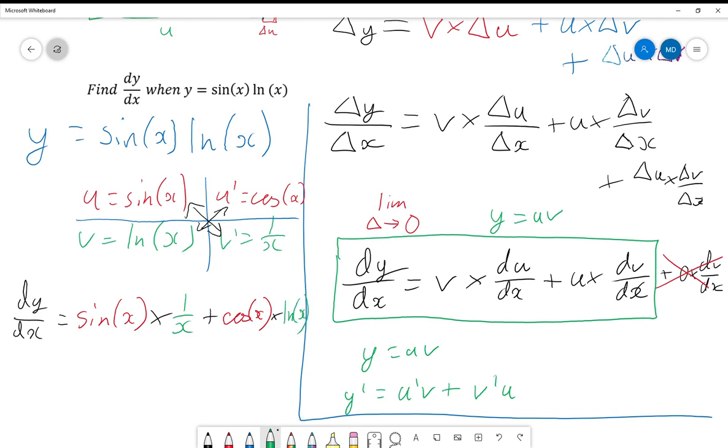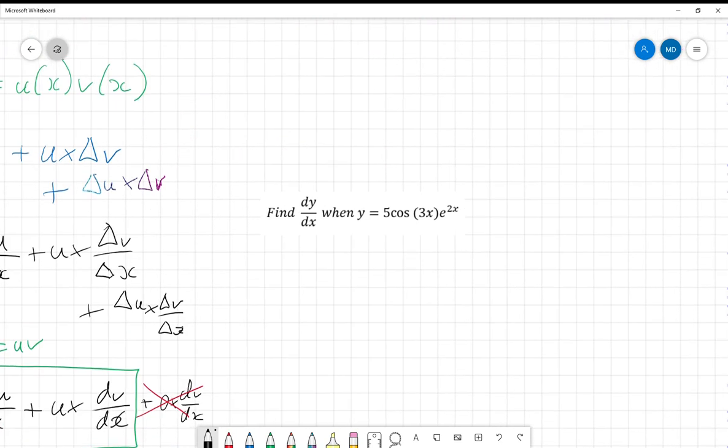And then arguably slightly simpler way to write it would be dy by dx is equal to sine x over x plus cosine x ln x. And we're done.